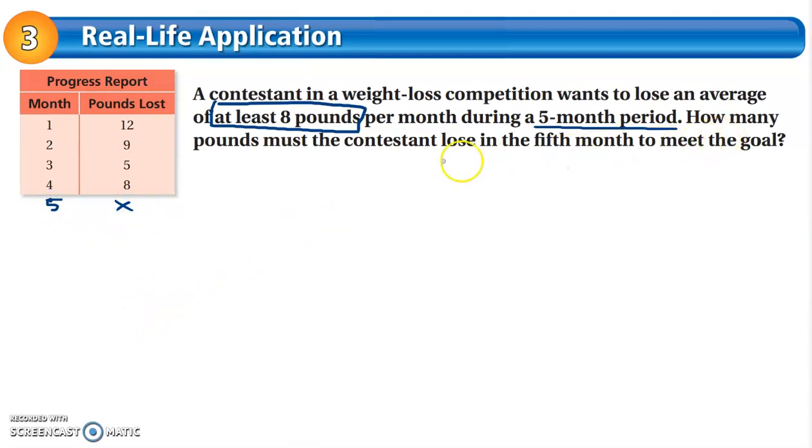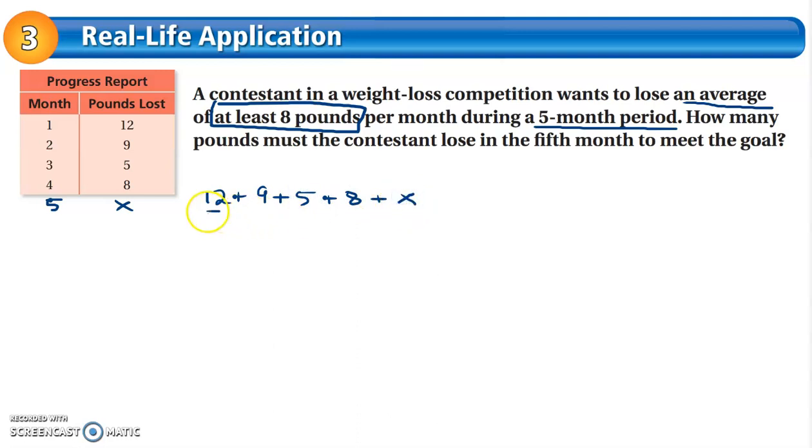Now, it says we want to lose an average. To find an average, we have to add up all the values and divide by how many there are. Okay, so we would add up 12 plus 9 plus 5 plus 8 plus the 5th month, which we don't know.